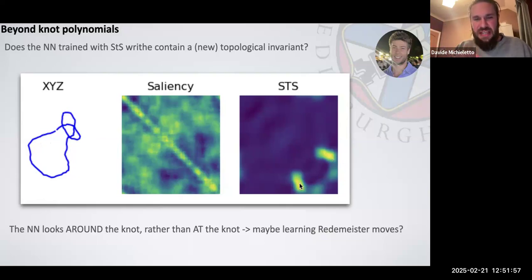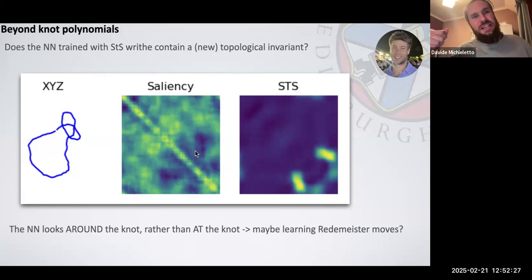And the saliency is a map that tells you where the neural network is looking to make a good prediction. What the saliency map is telling us is that the neural network is not looking at the entanglements. It's looking around the knot, looking away from the knot rather than at the knot. So what we're thinking now is that perhaps it's almost like learning Reidemeister moves.